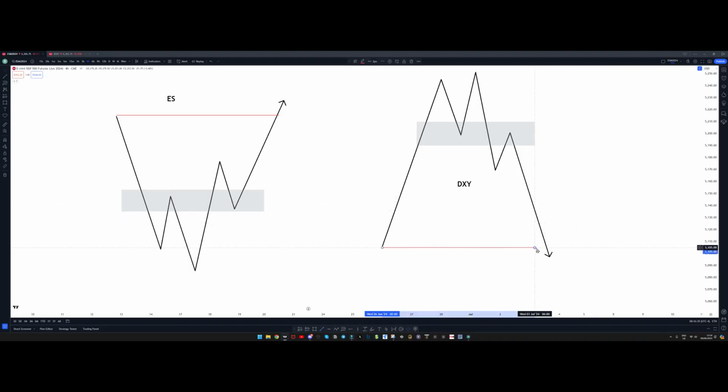Now, on the higher time frames, this is why we get time distortion. This is why ES will come this close to its target, come back on itself, then come down, then violently go through, or vice versa, because we're waiting for Dixie. When Dixie's messing around on a higher time frame, on ES we've got time distortion waiting.